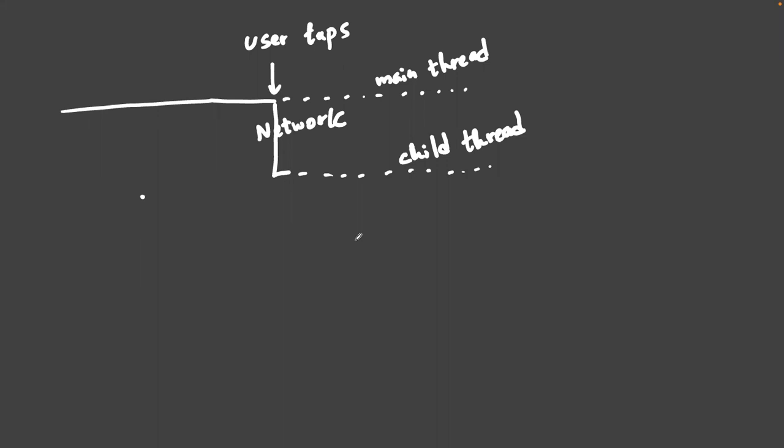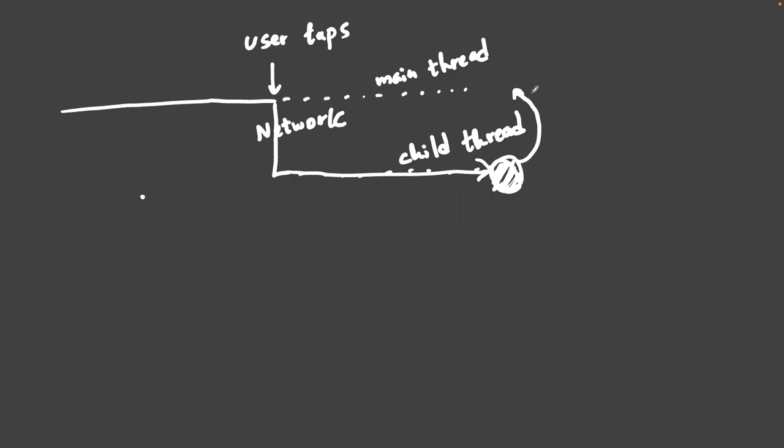Then what we need to do is put that 5-second thing in the child thread. So when we get the output here, we are going to go back and do some changes. That is the normal way Android handles it, Java handles it, and every other language handles it.